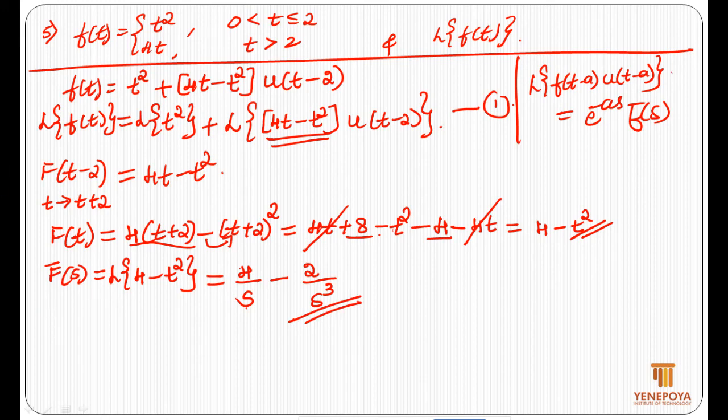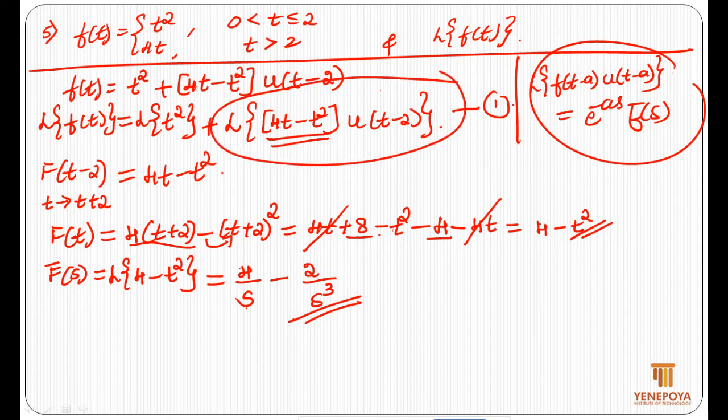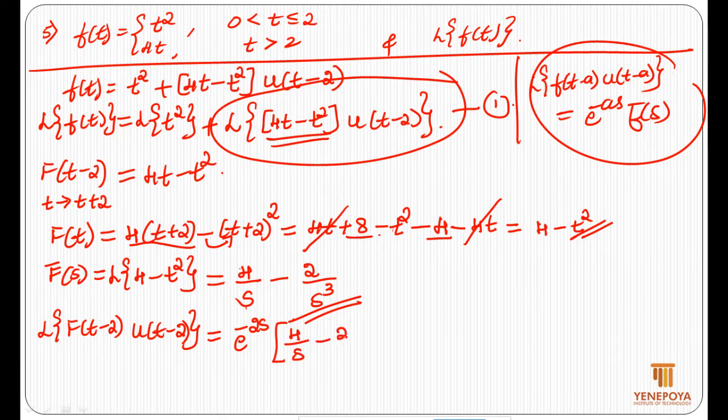Now applying this formula for the second term, the Laplace transform of 4t minus t square into u of t minus 2 is equal to e power minus as, where a is equal to 2, times f bar of s. We have f bar of s in the previous line, that is 4 by s minus 2 by s power 3.